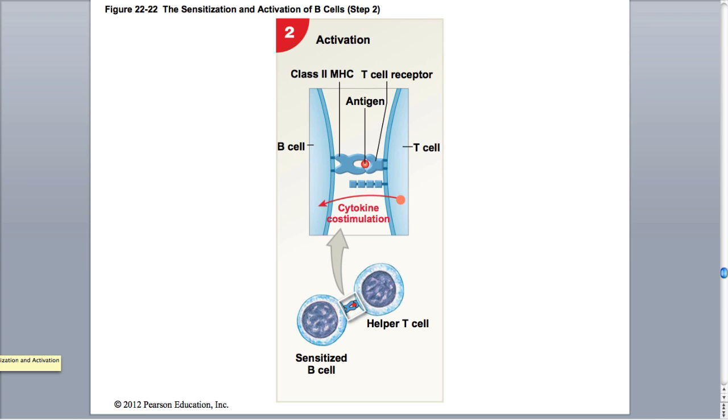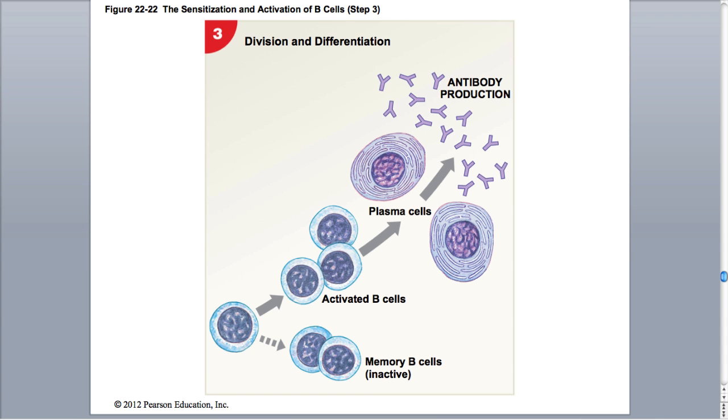So now let's go to bullet number 3, page 793. Here we see once we have stimulated and activated the B cells will produce plasma cells. And the plasma cells will then make antibodies. Now there's one big mistake in this picture.